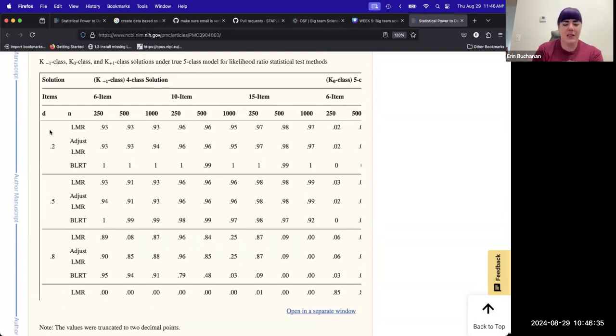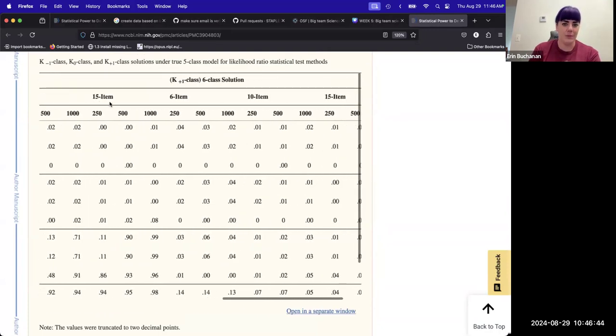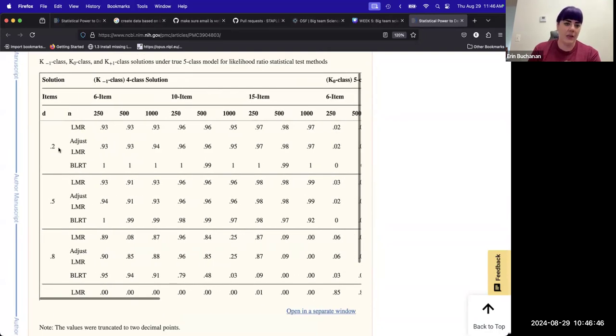But it seems like the answer is based on the size of the scales used to determine those classes and the effect size, the difference that you expect between classes. It's kind of, I think, where the manipulation piece comes in.